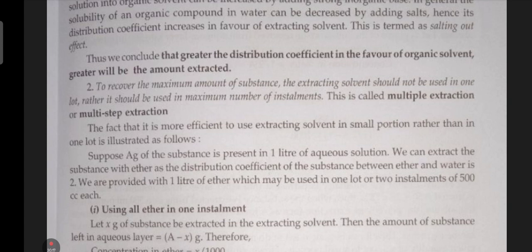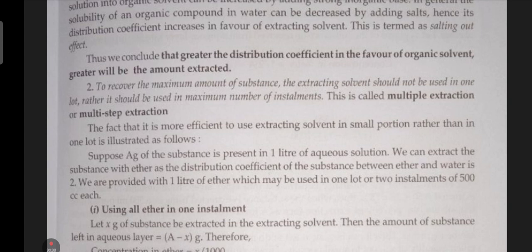Second one, to recover the maximum amount of substance, the extracting solvent should not be used in one lot, rather it should be used in the maximum number of installments. This is called multiple extraction or multi-step extraction.